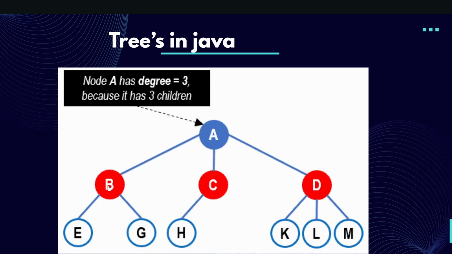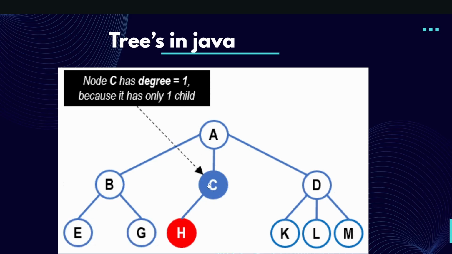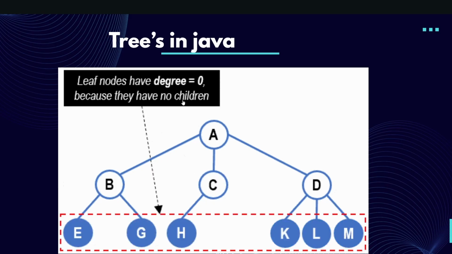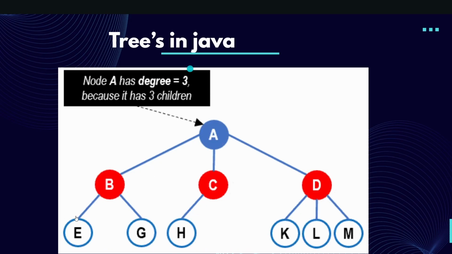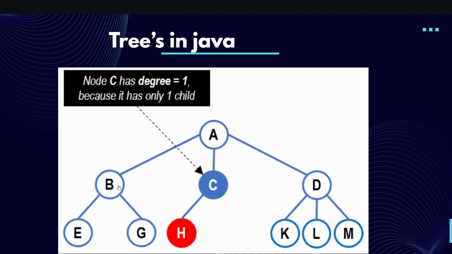If you want to understand what is meant by the degree of a node, you can see it with the help of this simple GIF. All the leaf nodes have degree 0 because they do not contain any children. A has degree 3 because it has 3 children. B has degree 2 because it has 2 children. C has degree 1 because it has only 1 child.